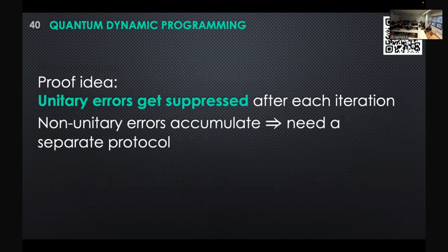The basic idea of the proof is that because of this converging property of the quantum recursion, unitary errors get suppressed quite nicely. But the non-unitary errors accumulate, and we need a separate protocol to suppress them. When your state is pure, this separate protocol actually exists, and it's not very inefficient.